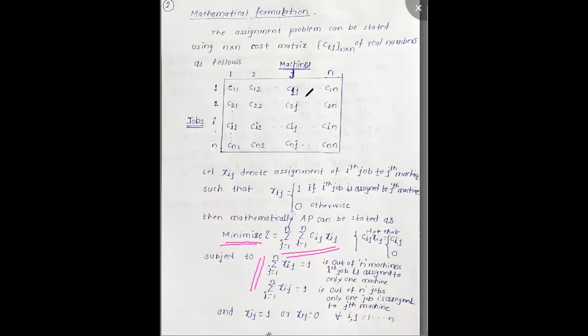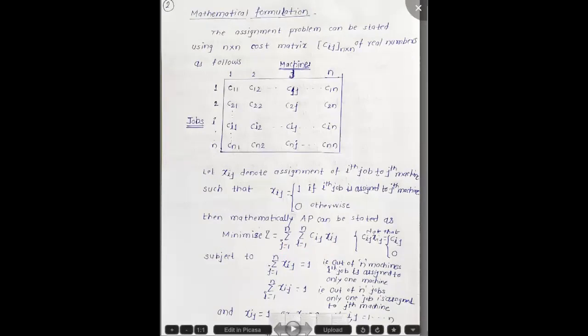That is, out of n machines, the ith job is assigned to only one machine. That is, any one job is assigned to only one machine. So this is how we formulate the assignment problem.